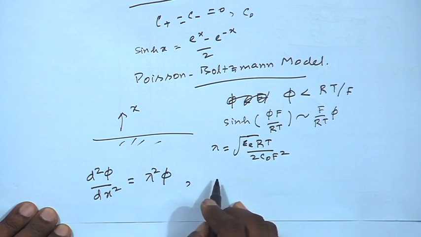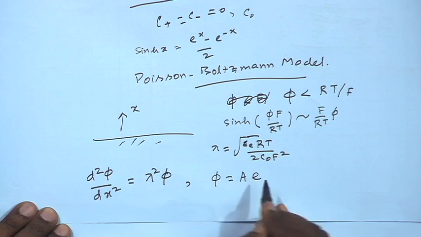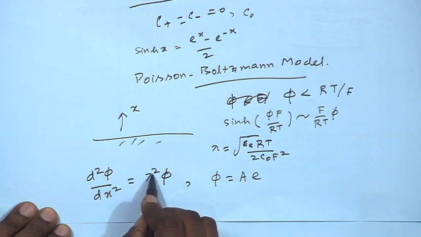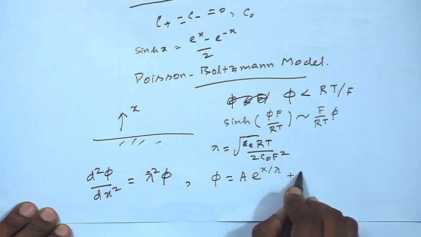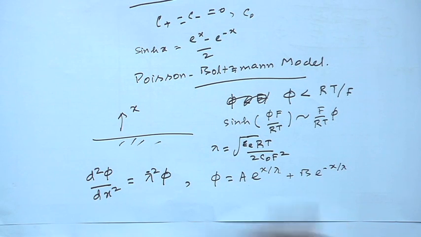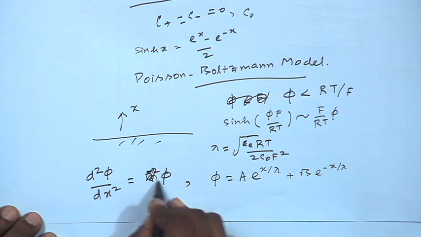So, the solution is phi equal to a e to the power x by lambda plus b e to the power minus x by lambda.